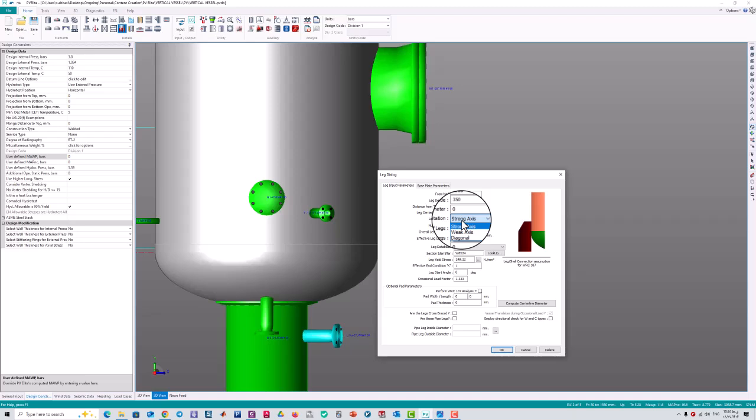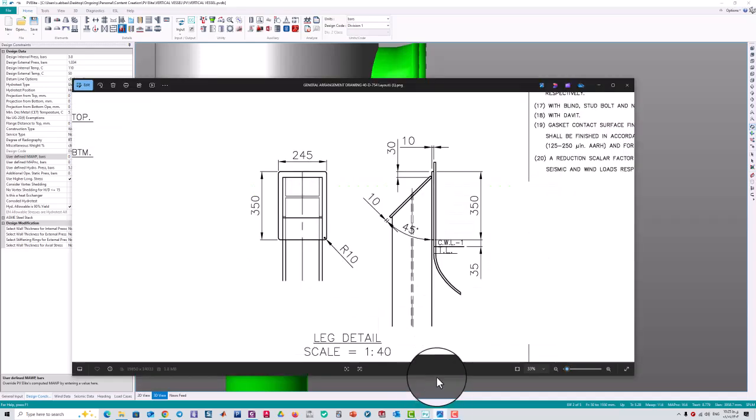And the leg orientation, I'll tell you later what this is. And the number of legs is 4.